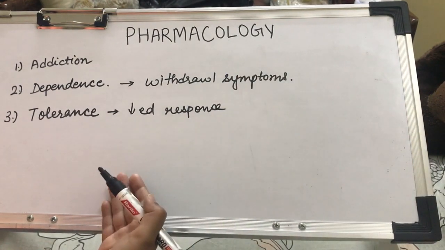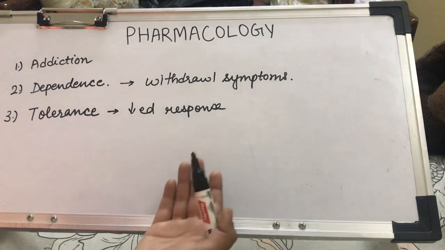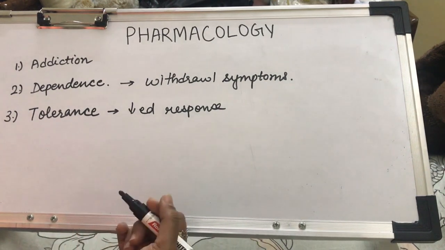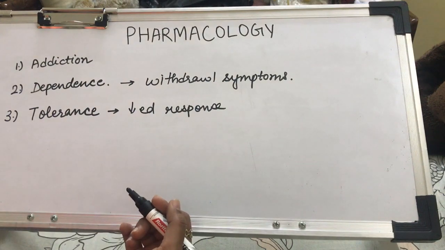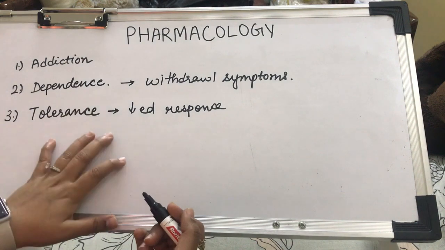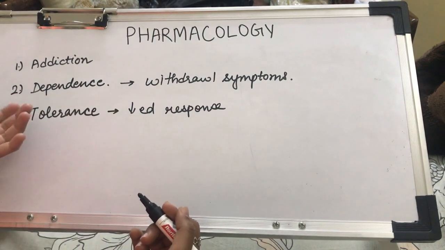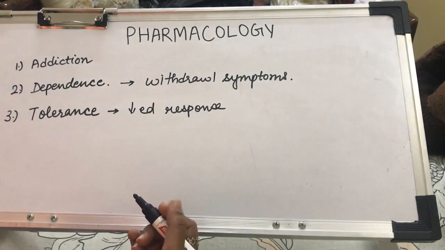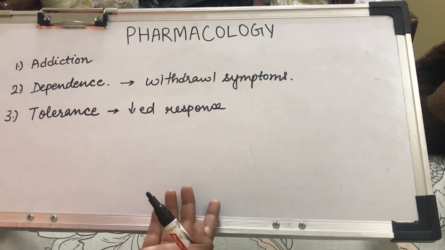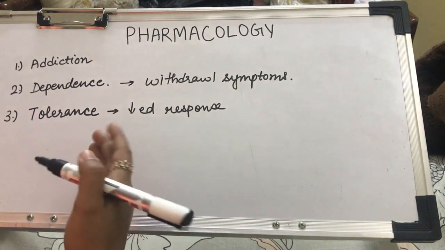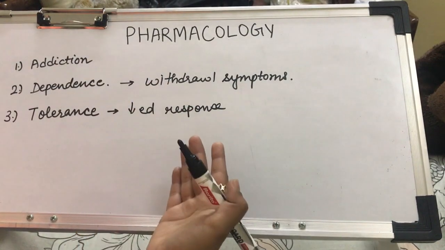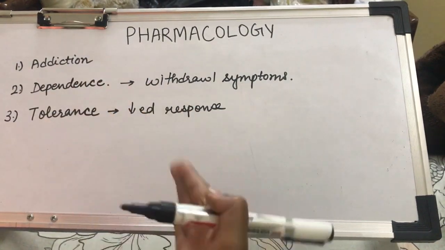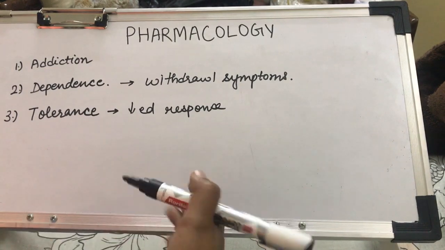For example, patients of chronic pain develop tolerance against analgesics. They become used to that particular dose of the analgesic, so that now that dose is not relieving them of pain. So in order to overcome tolerance, they have to increase their dose so as to relieve their body from pain.